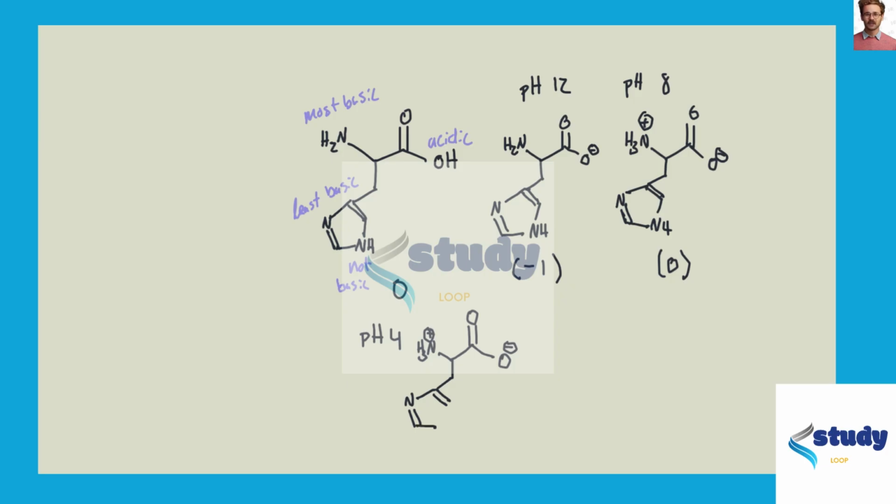But now we will find that our next most basic amine, that is the one with the lone pair here, will become protonated and positively charged, like so. And note that the overall charge here is +1.